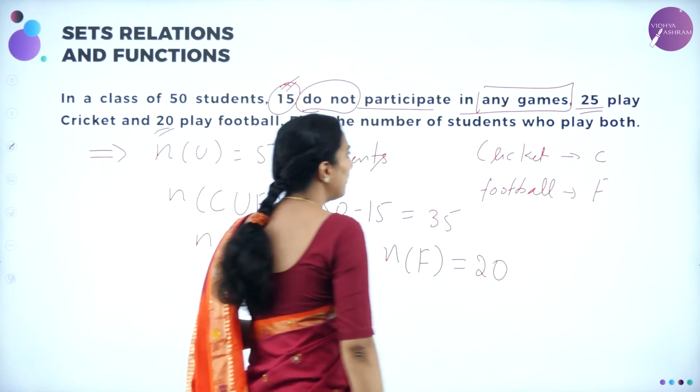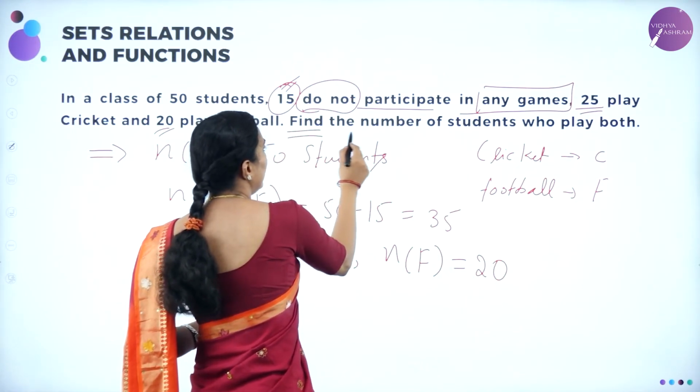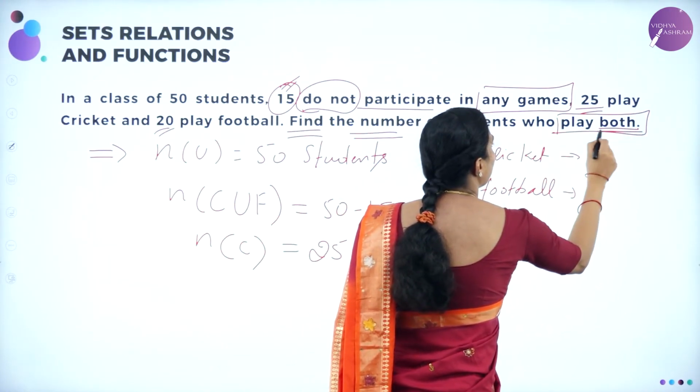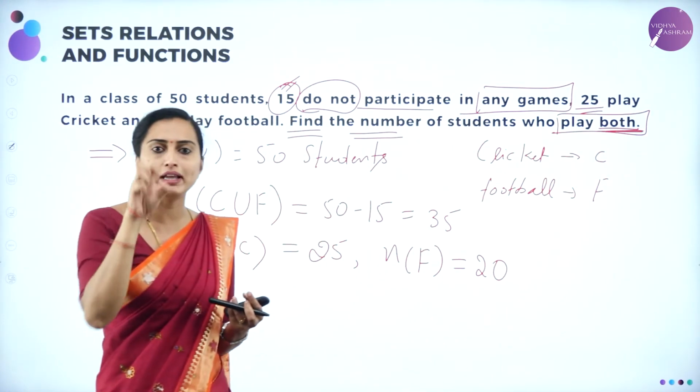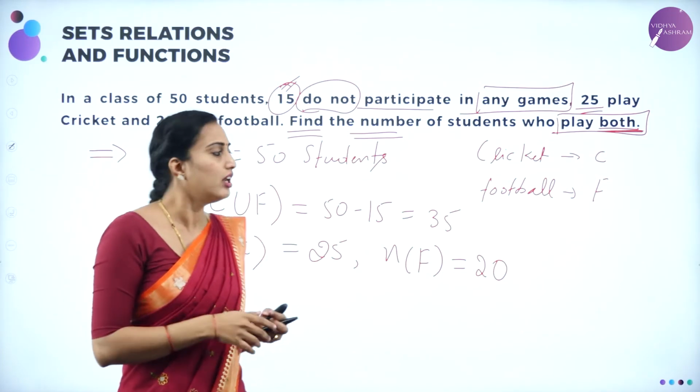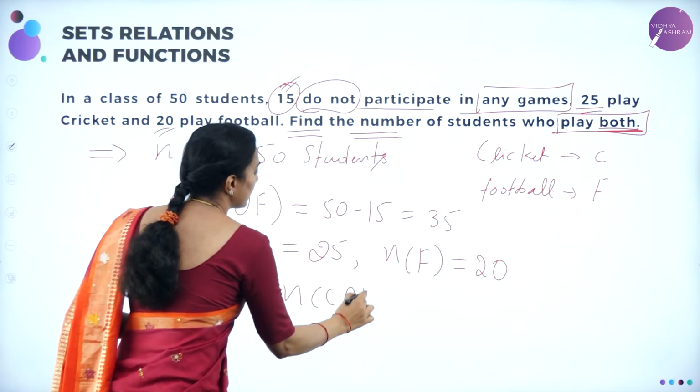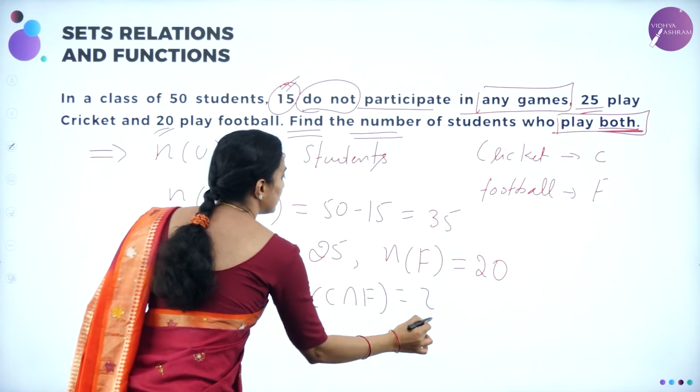Now what have they asked? Find the number of students who play both. Who play both means common. Common means intersection. Therefore, what I need to find out is n of C intersection F. This is the question mark.